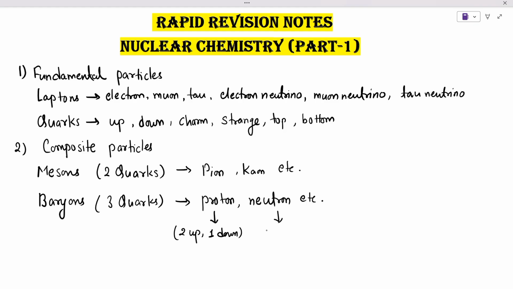Similarly, neutron is made up of two down quarks and one up quark. Only the electron is a fundamental particle. Proton and neutron are not fundamental particles.